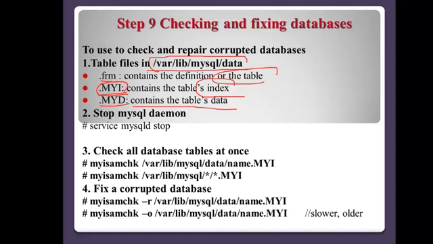So for checking or repairing a corrupted database, at first, stop the MySQL daemon like this, service mysqld stop. And after that, number 3, checking all database tables at once. So for example, in this case, we can use this command, myisamchk /var/lib/mysql/data.